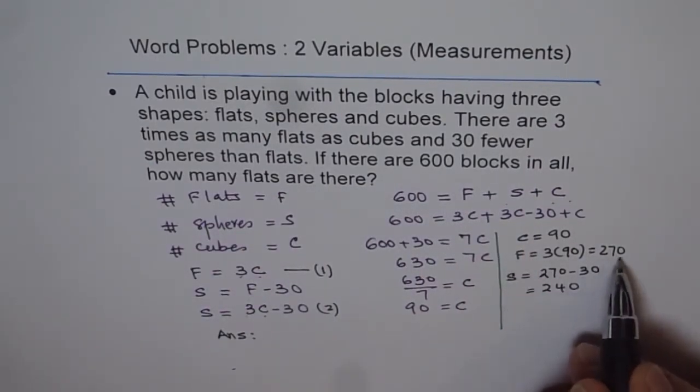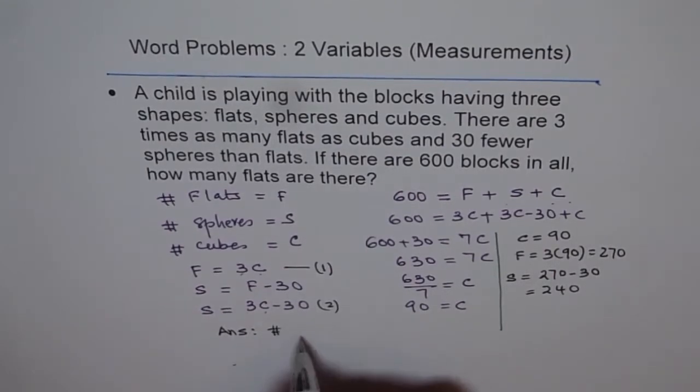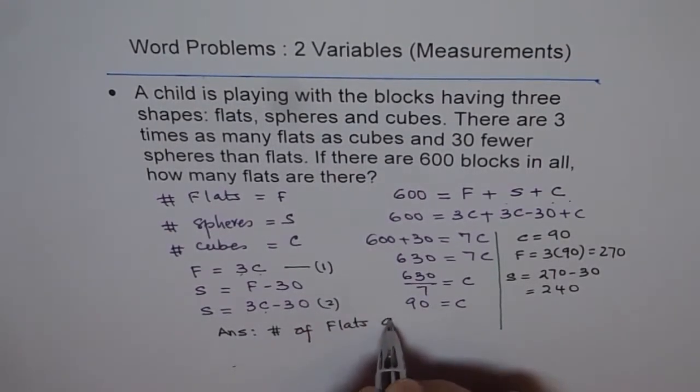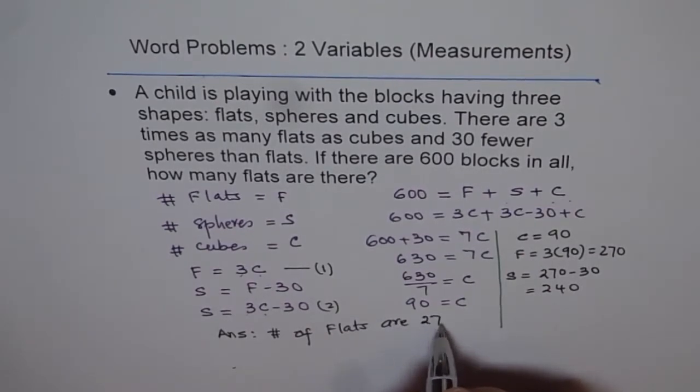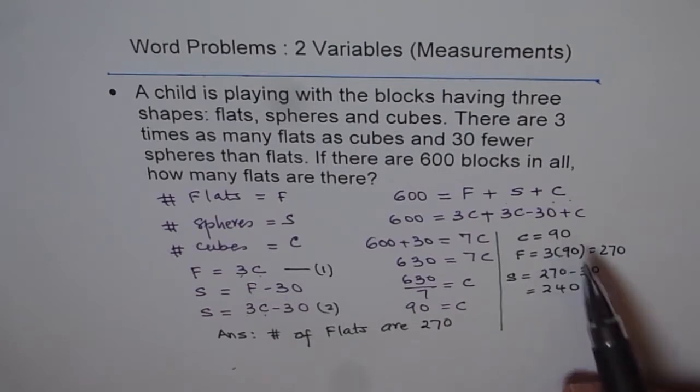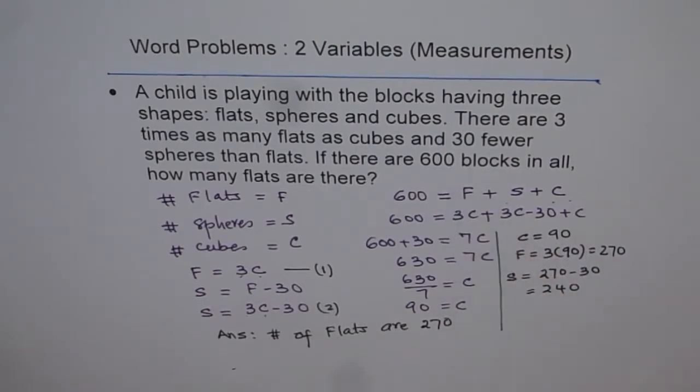The number of flats is 270. And you can always check: if you add 90 plus 270 plus 240, do you get 600? That's part of the check which you should be doing, right? You will. Okay? Thank you.